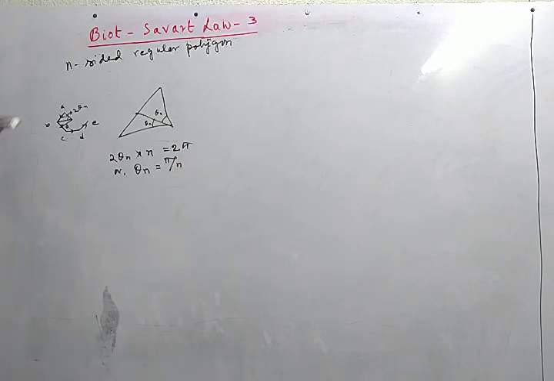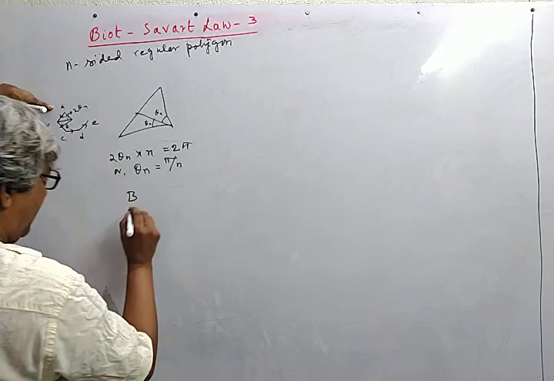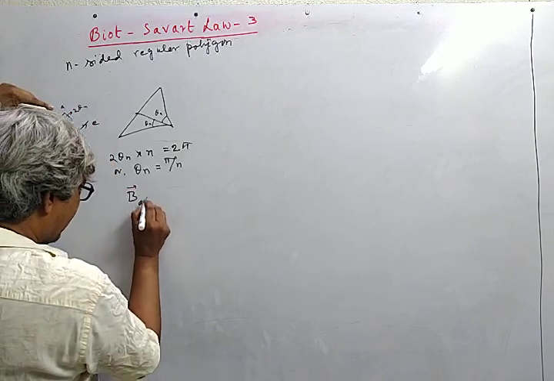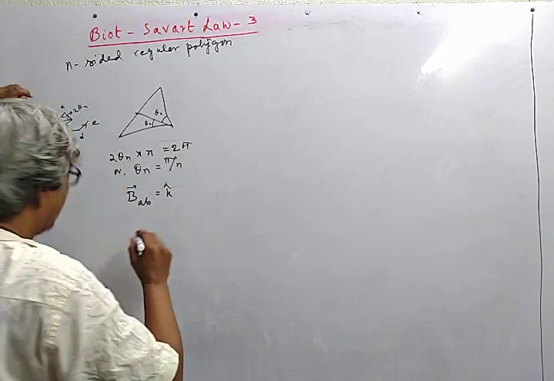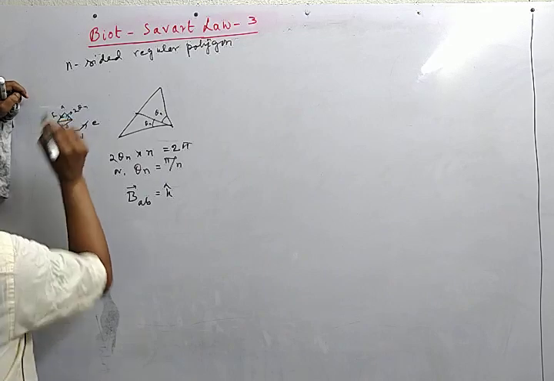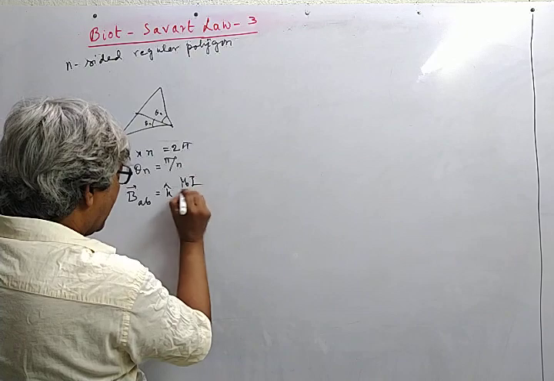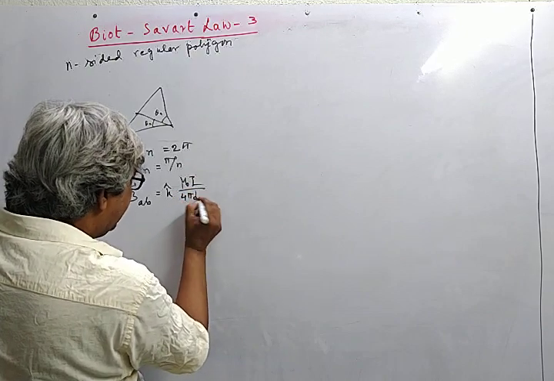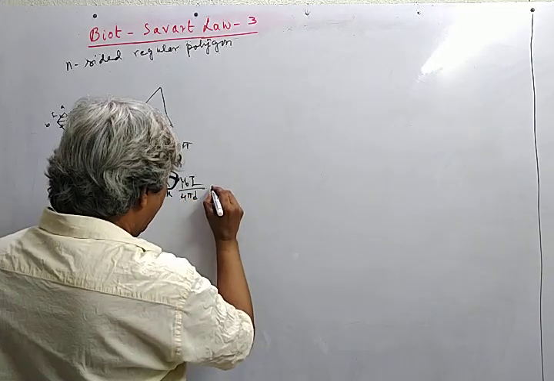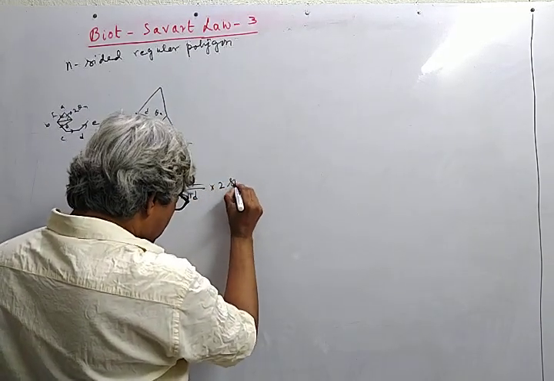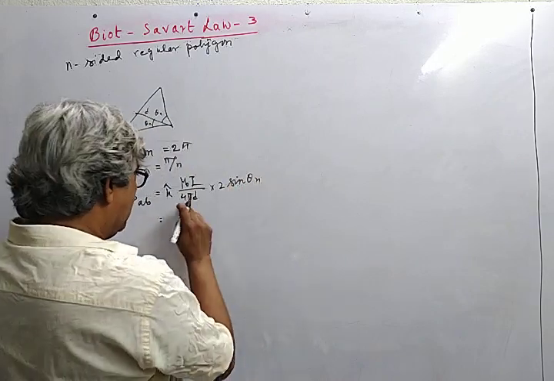So if we consider the contribution of the field at this point due to side AB, this is k cap, if we consider the polygon to be in the xy plane and the current is flowing in the anti-clockwise sense, then it is mu 0 I upon 4 pi d, d is this distance, into 2 sine of theta n. This 2 cancels with this.